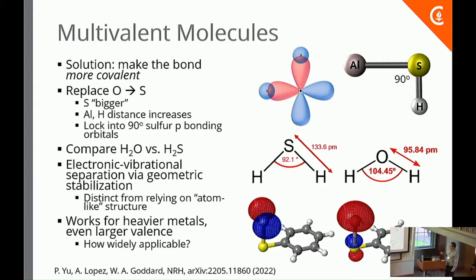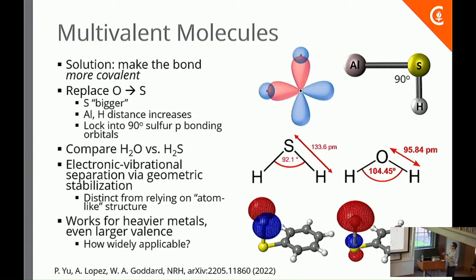In this paper, we explore a little bit that it works for heavier metals. It works for higher valence things, like things with 3 or even 4 electrons centered here. Some preliminary work that we've done suggests that this might work as a general linker paradigm for attaching to something like benzene, but with a very different structure.